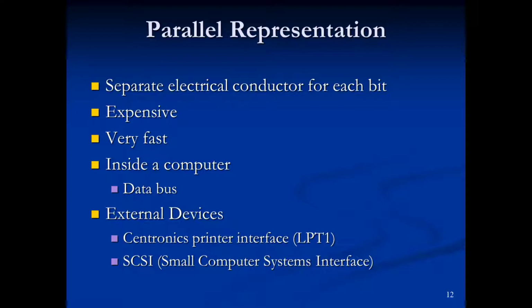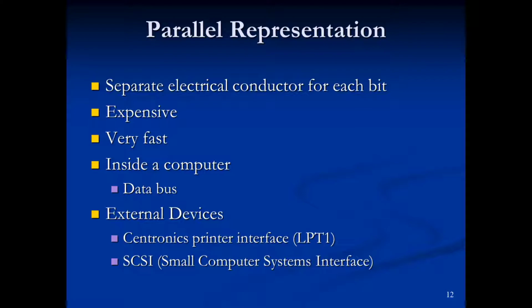So the parallel bus can be very fast, depending on how many bits it is. If it's an 8-bit bus, you can transmit 8 bits at the same time, while with a serial connection, you'd only be able to transmit 1 bit at a time, so it would take you 8 times as long to transmit that one string of 8 bits.